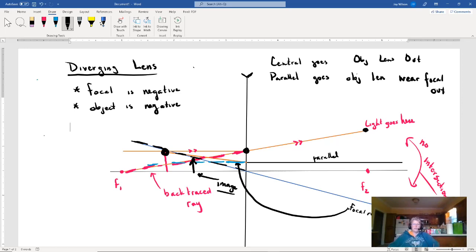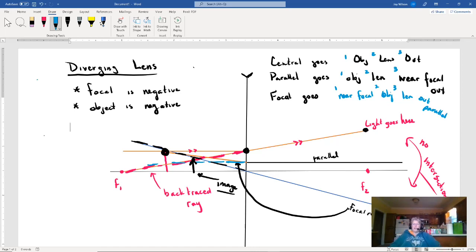So you have to back trace that one. Focal goes near focal, object, lens, out parallel.